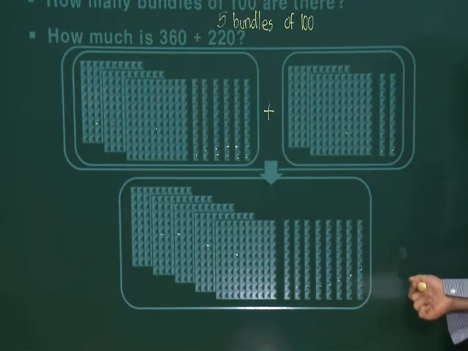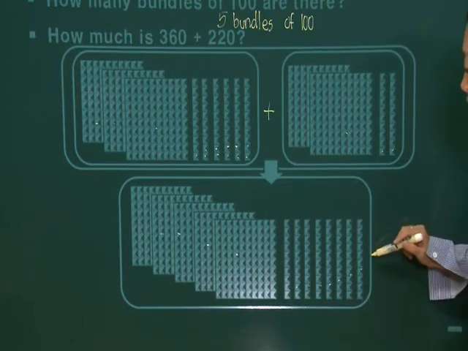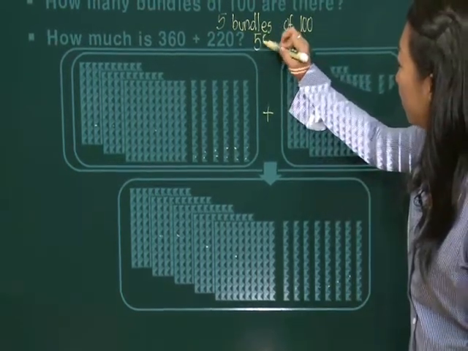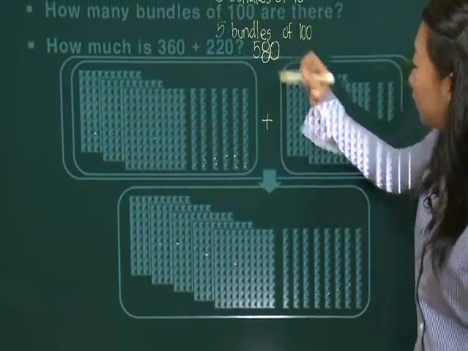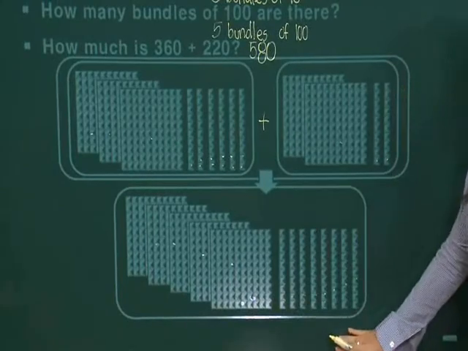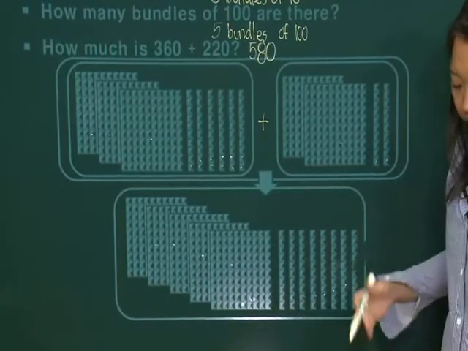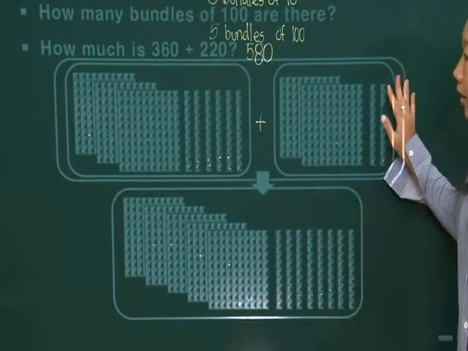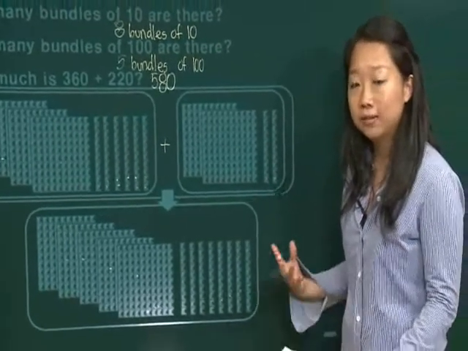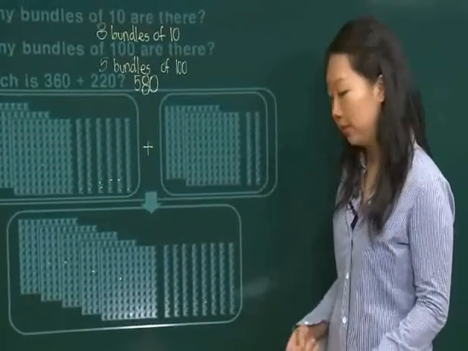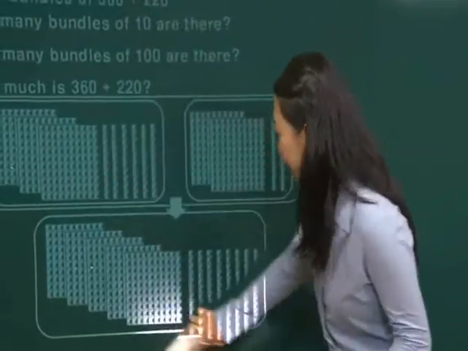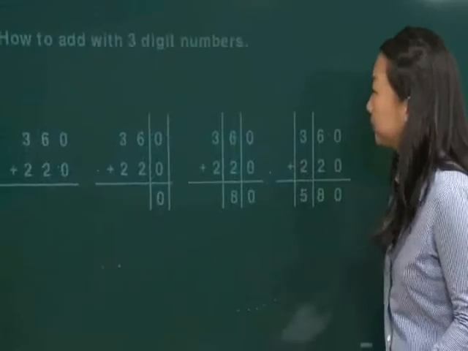So the answer is 580, because 5 bundles of hundreds and 8 bundles of tens. As you can see, for some people it will be easier to use the bundles. So let's see if you understand this by solving some problems, okay?